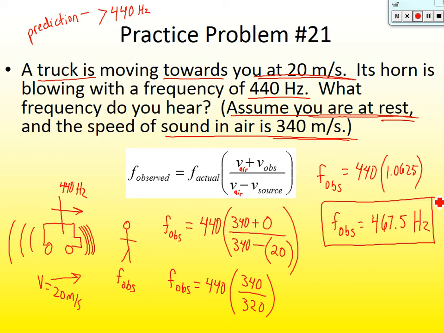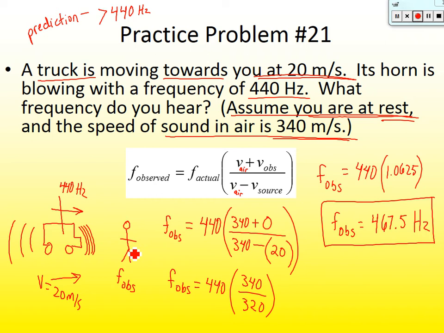Did this play out as we predicted? Our prediction was that you were going to hear it at a frequency greater than 440. And so yes, it is greater than 440. Now we know exactly what frequency you will hear this horn at. So that's one example of the Doppler effect in running the numbers through this equation.